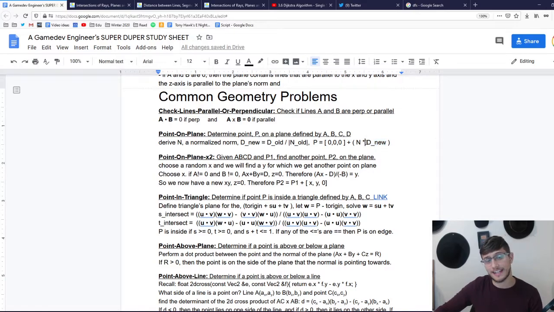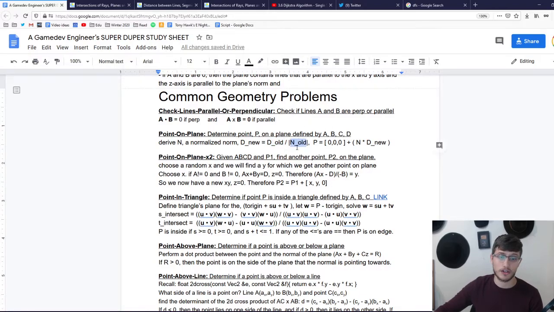But you're going to notice that that d is not the d they provided us, because the d they provided us is not necessarily the d with a normalized norm. If your norm came pre-normalized, then that's literally all you have to do. But otherwise, you're going to have to scale it like this. You're going to have to scale it by d old divided by the magnitude of n old, because the old d is proportional to the old n.